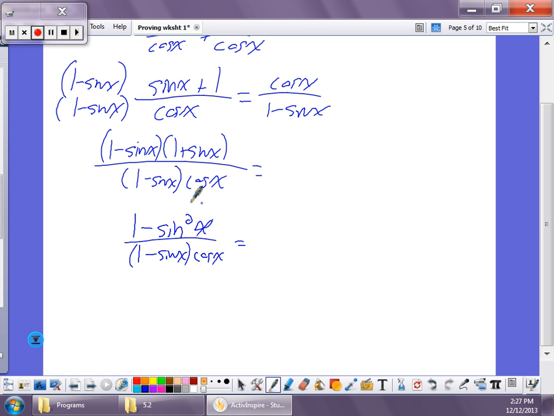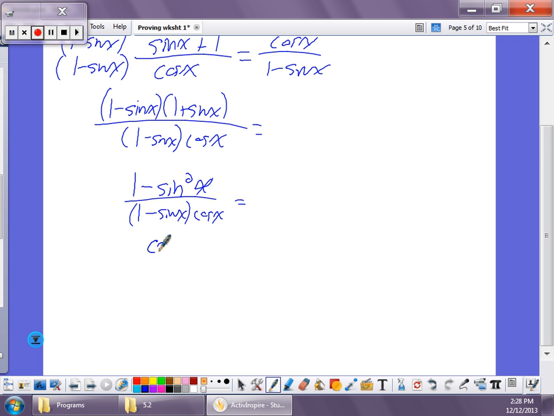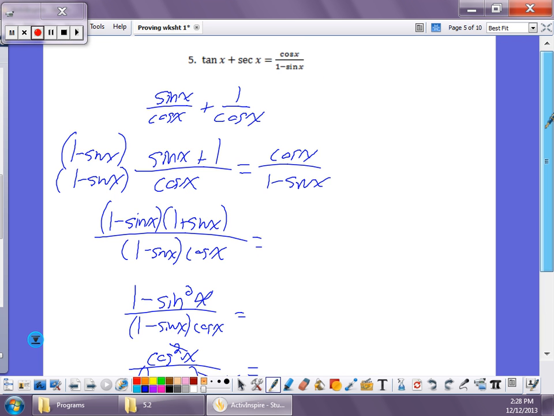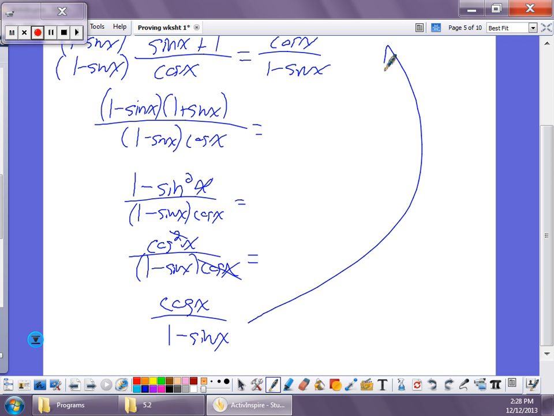And we all know now 1 minus sine squared x is cosine squared x, I hope, over 1 minus sine x cosine x. And now look, cosine squared over cosine, this 2 is gone, that cosine's gone, and you're left with cosine x over 1 minus sine x. And that is what we were looking for, so we've done it.